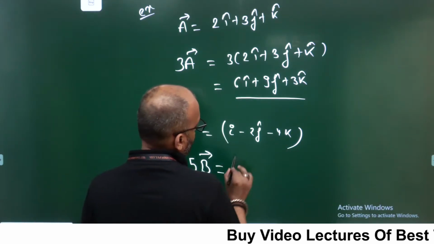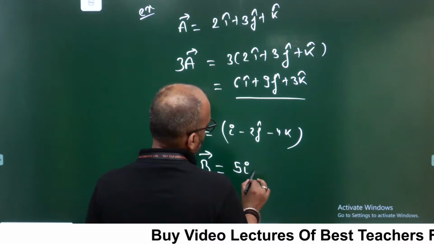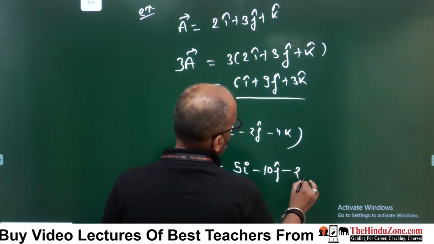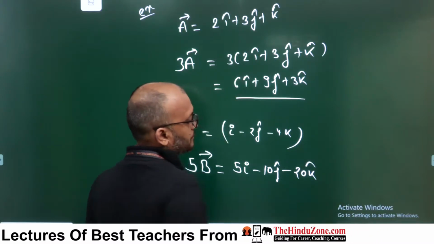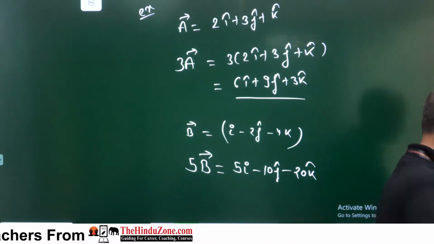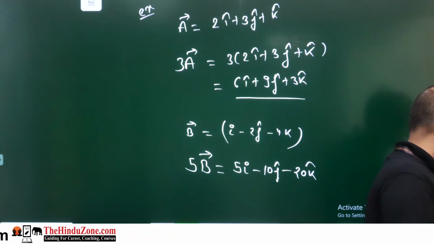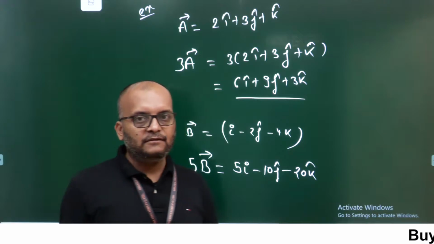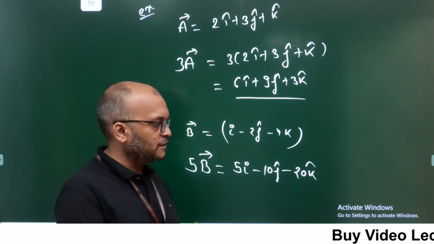So what you have to do, just multiply 5 with this. So 5i minus 10j minus 20k. As simple as that. So all these are very easy things. Please note it down.